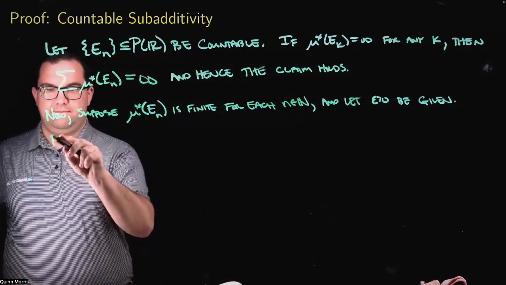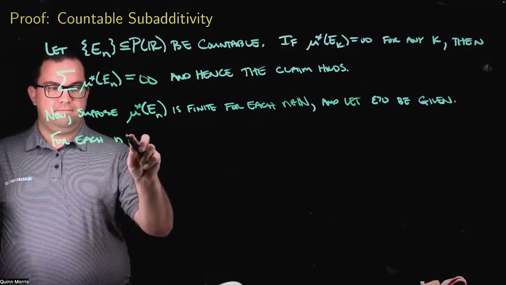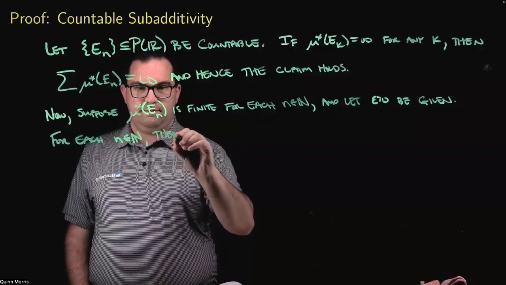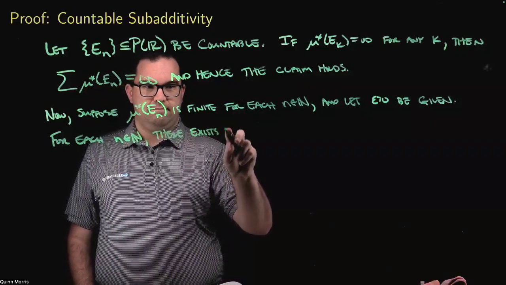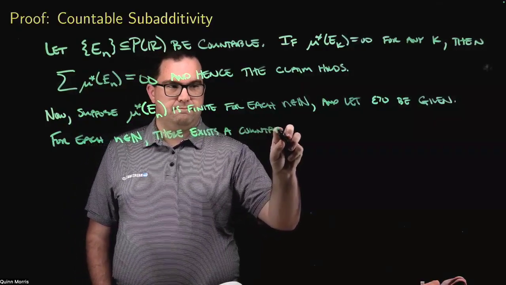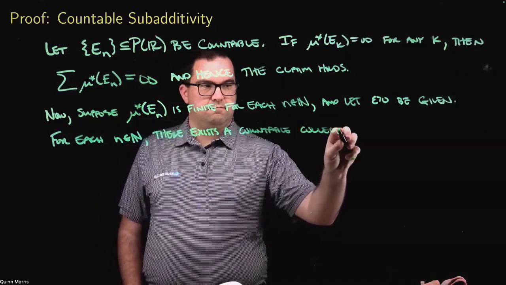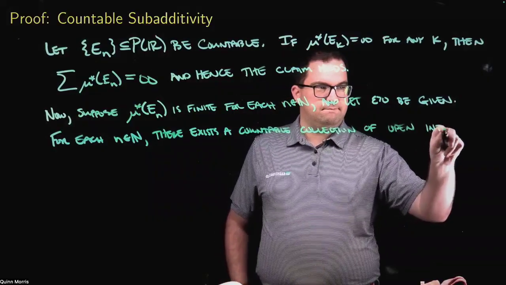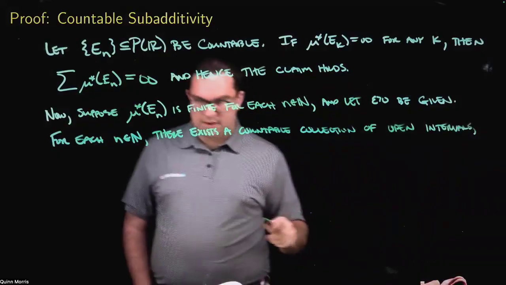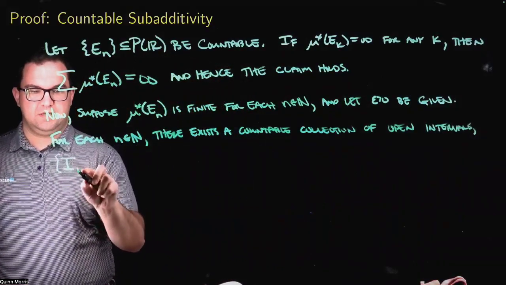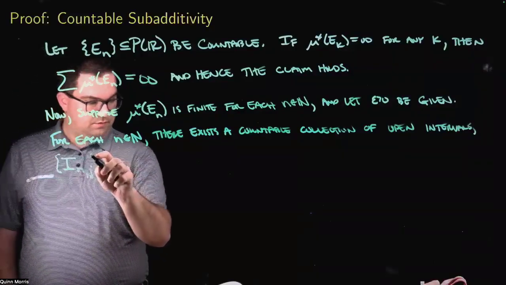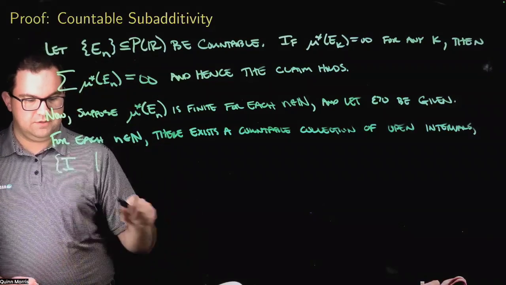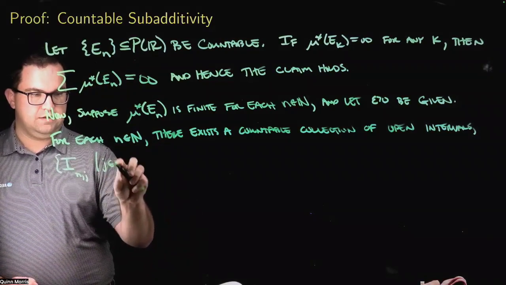So for each natural number n, there exists a countable collection of open intervals, and I'm going to call these I sub n comma j, where j is a natural number.